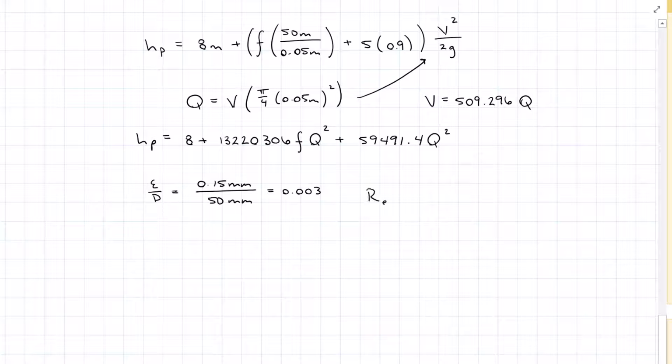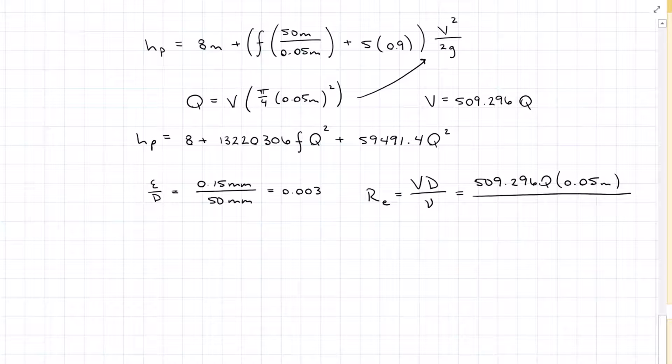Our Reynolds number, VD over nu. I do not have velocity, so that's going to be 509.296 Q times 0.05 meters all over the kinematic viscosity of water at 20 degrees Celsius, which is 1 times 10 to the negative 6 meters squared per second, according to the Appendix A in the back of your book.